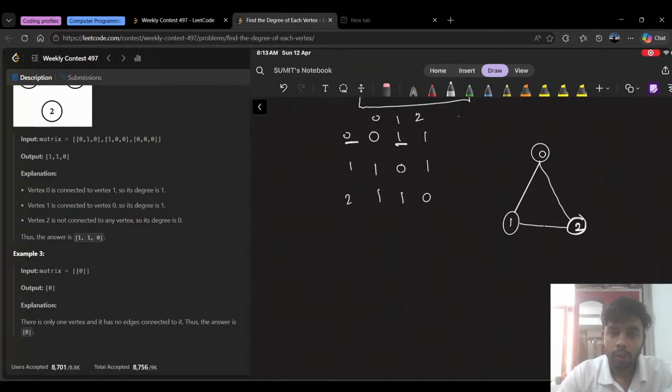So we don't have to do things much. We just have to int count equals to 0.